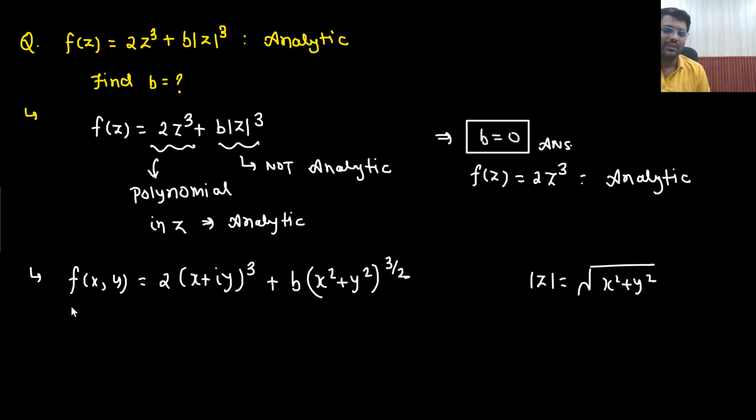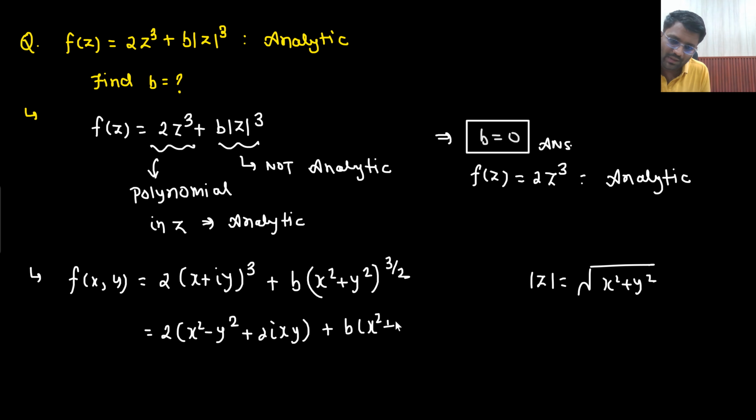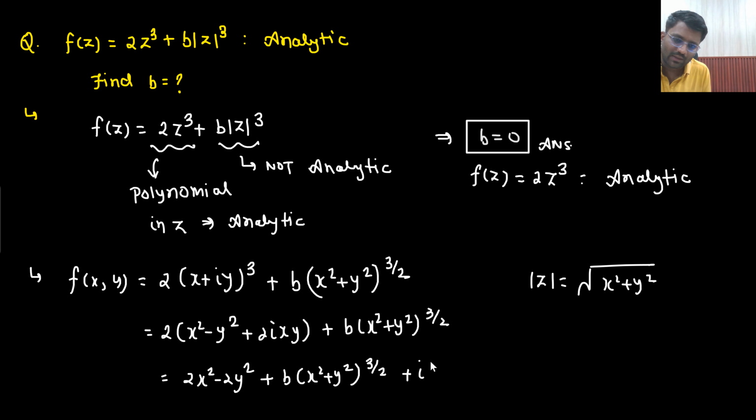So from here, if you solve, you will convert it into u plus iota v format. How will you convert? x square minus y square plus 2 iota xy, plus b (x square plus y square) to the power 3 by 2. So what you are getting? 2x square minus 2y square plus b (x square plus y square) to the power 3 by 2, plus iota 4xy, right?